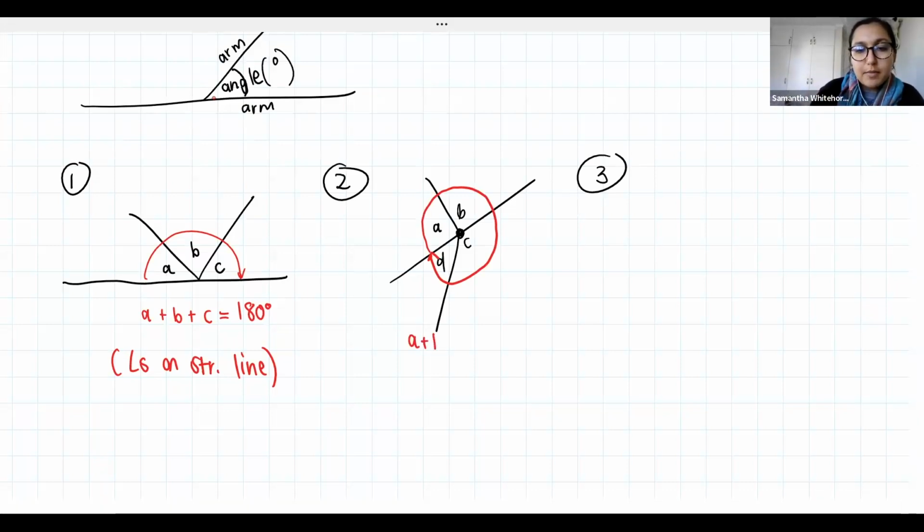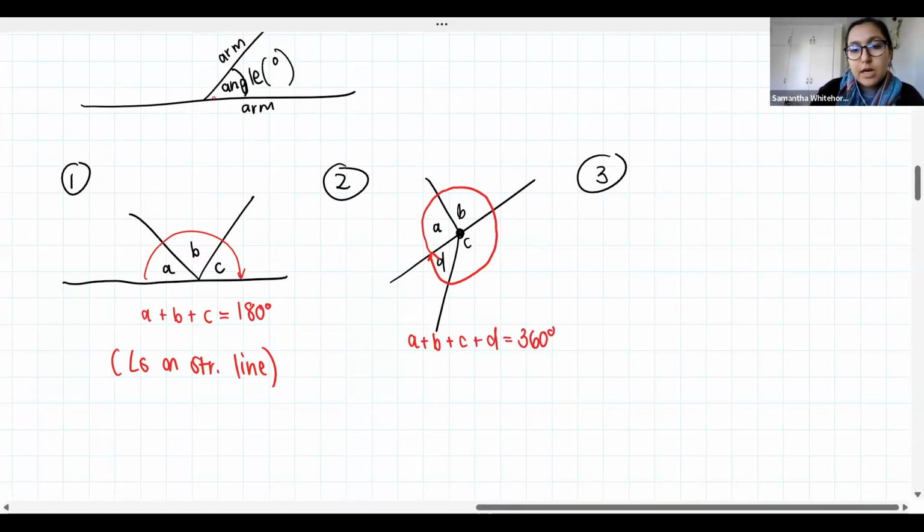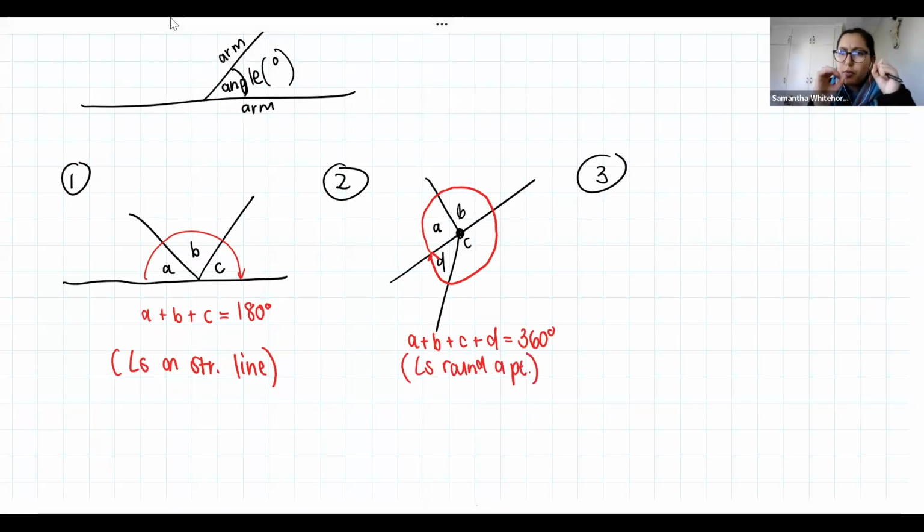So A plus B plus C plus D must give 360 degrees. If I told you what A, B, and C are, you could easily work out D, because all four must add to 360 degrees. This is angles around a point: anytime we have a central point with angles coming out of it, we can work it out.